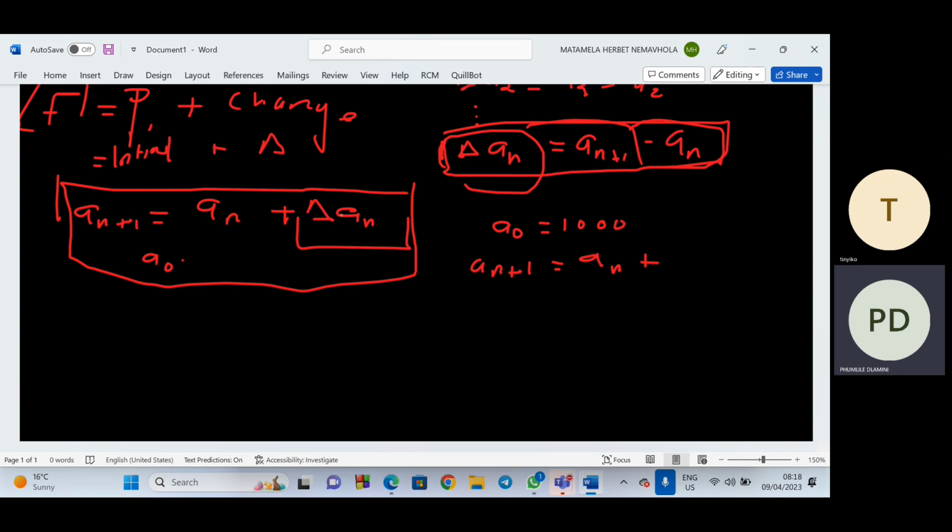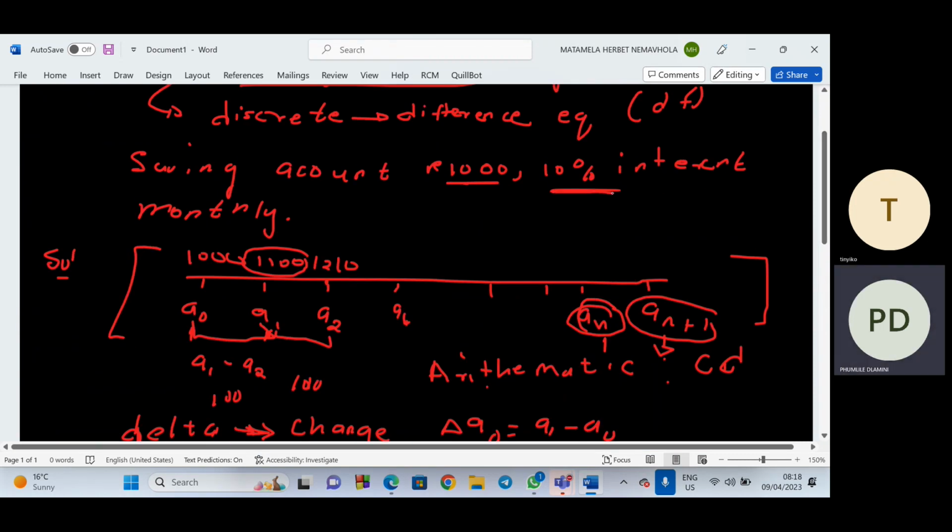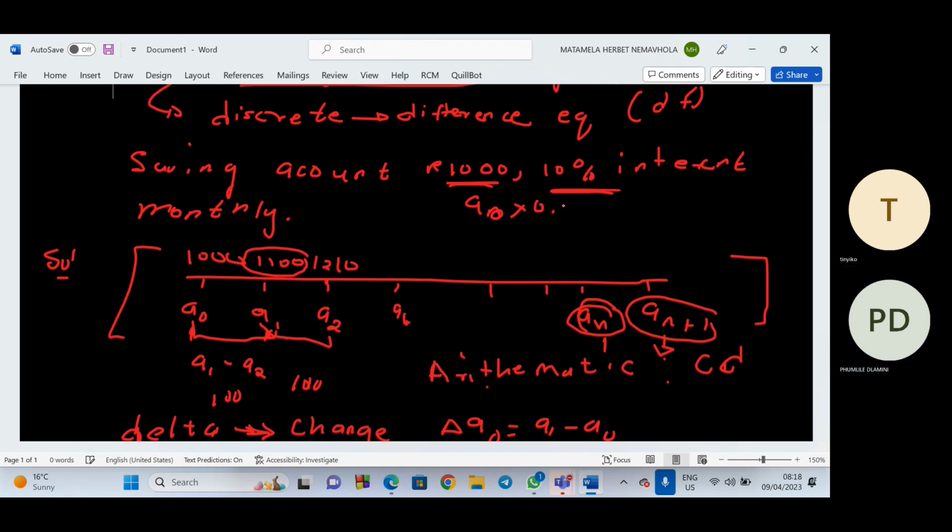So the changes, if you check, what happens is that we take 10% and multiply it with the initial amount, which can be a_n or a1. If it is a0, we say a0 multiplied by what? 0.1.